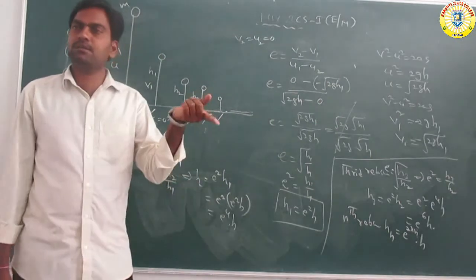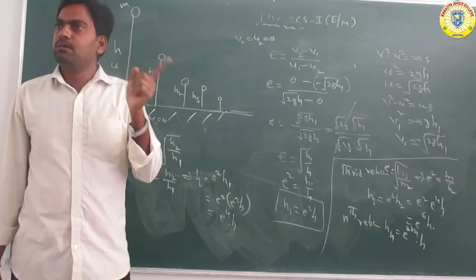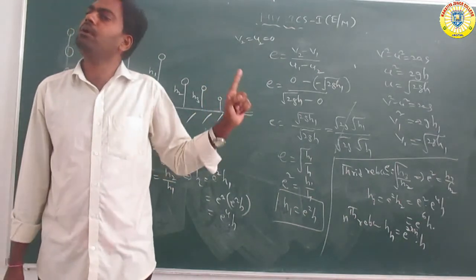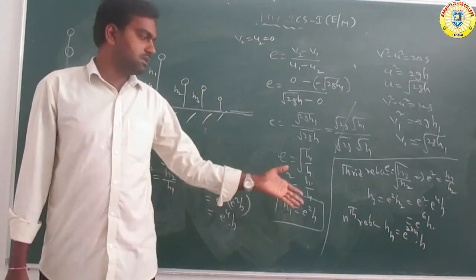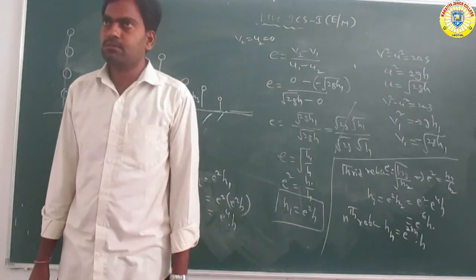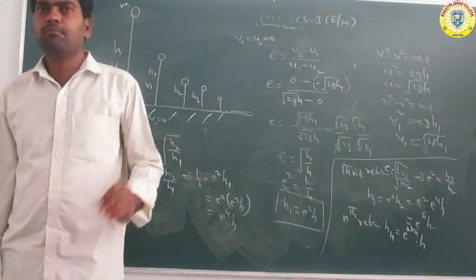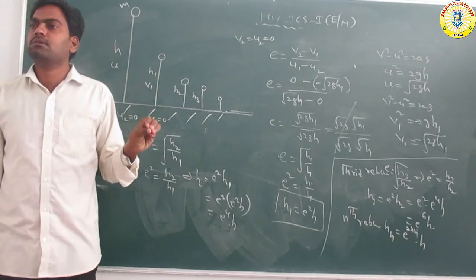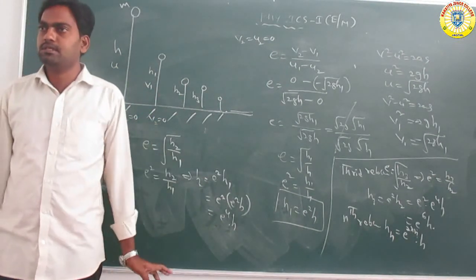That means 2 into 1, 2 into 2, 2 into 3, 2 into 4, so it is 2 into n into h. That is the nth rebound. The number of rebounds can be found by using this equation. Got it?